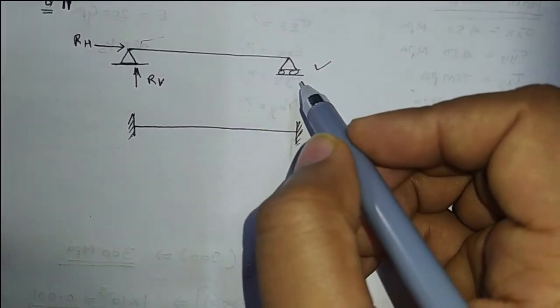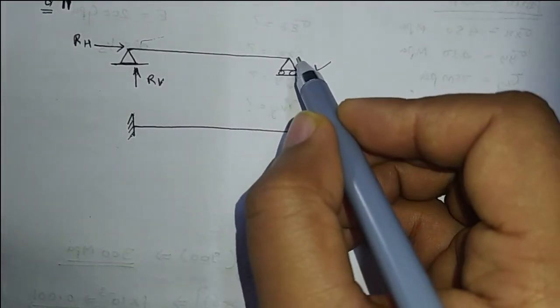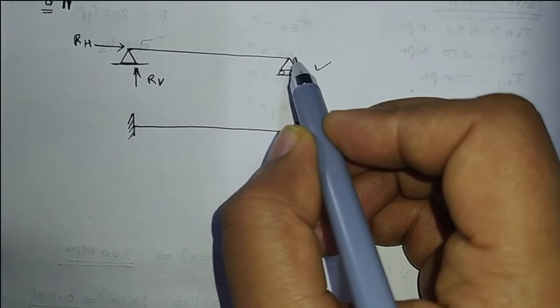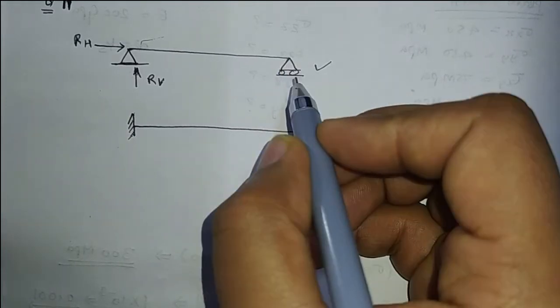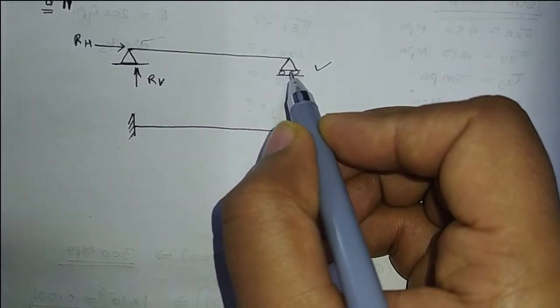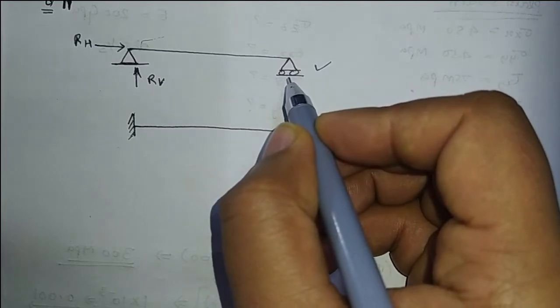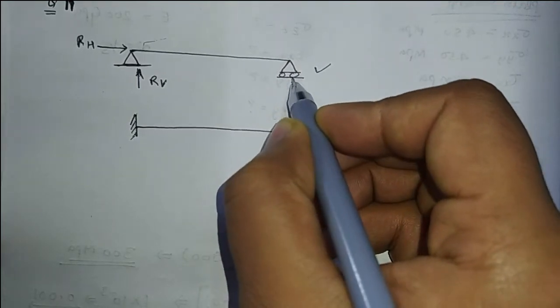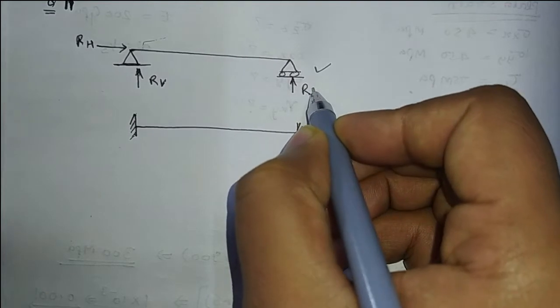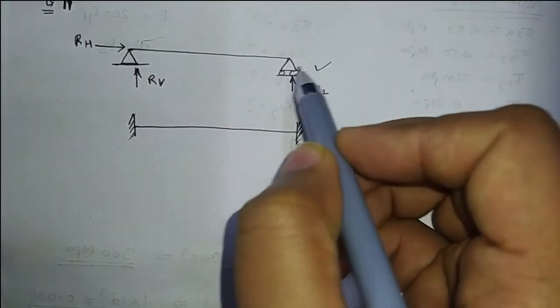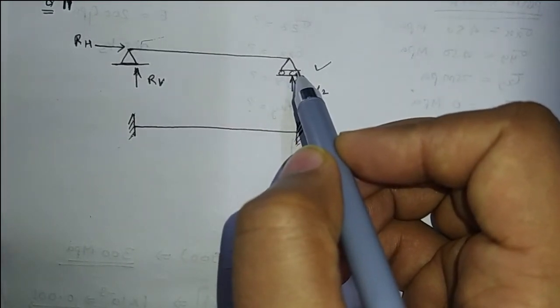The roller support does not resist the movement of the beam in the horizontal direction, but it does resist the movement of the beam in the vertical direction. So there will be a reaction in the vertical direction.